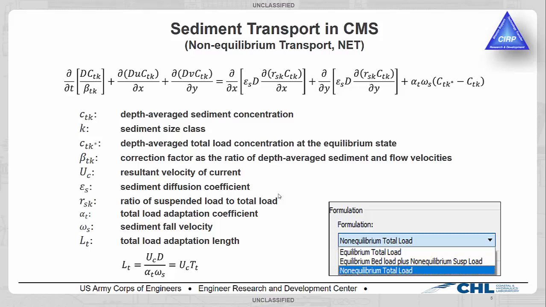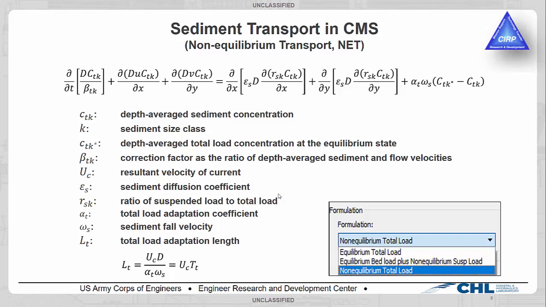Alpha_T is the total load adaptation coefficient, and omega_s is the sediment fall velocity. L_T is equal to U_c D over alpha_T omega_s.